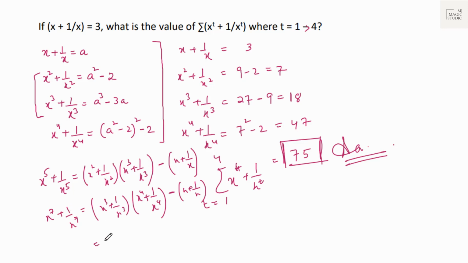Or you can do it with 5 and 2: x to the power 5 into x square will also give you 7, and 5 minus 2 is 3, so minus x cube plus 1 by x cube. You just need to learn how to proceed with this, and hence you will get the answers.